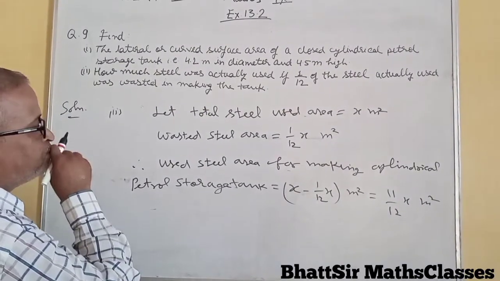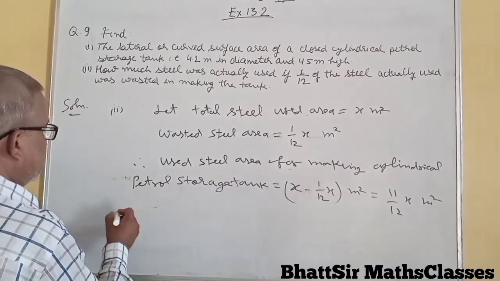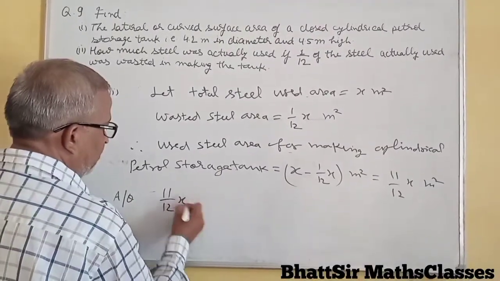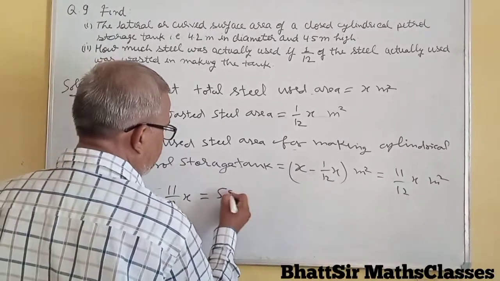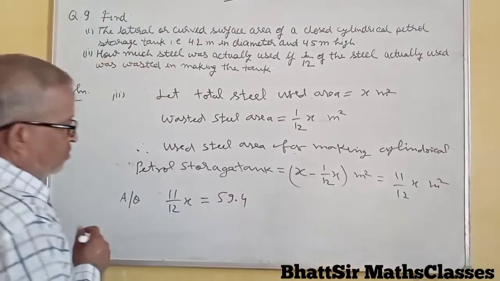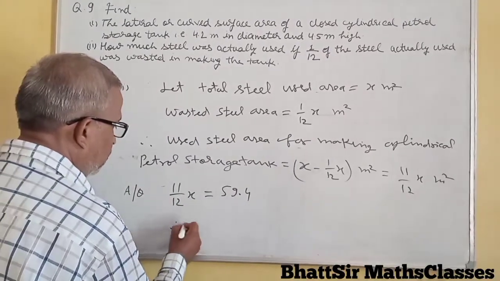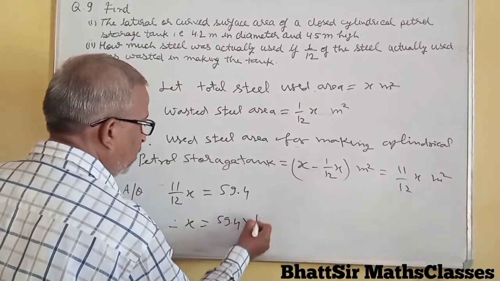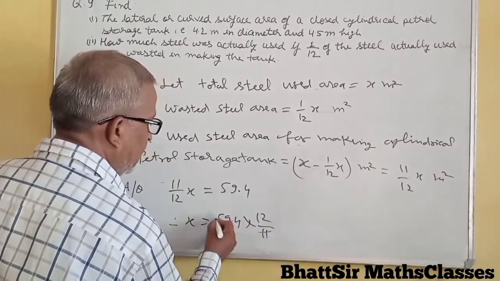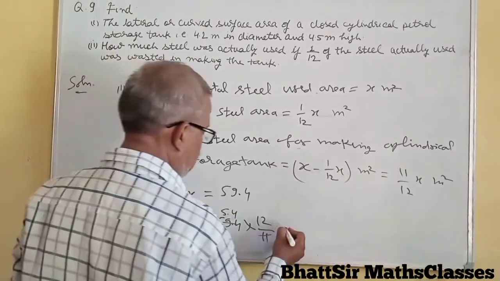So according to the question, 11 upon 12x equal to 59.4. Therefore, x equal to 59.4 into 12 upon 11. 11 5 are 55, 11 4 are 54.